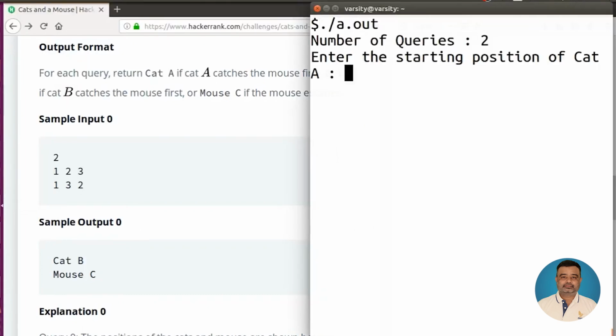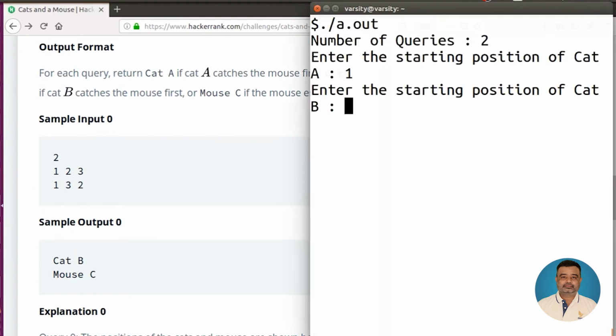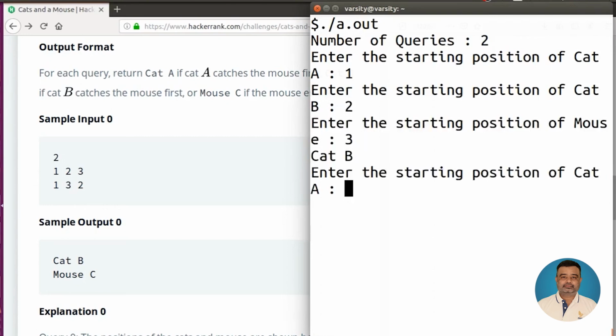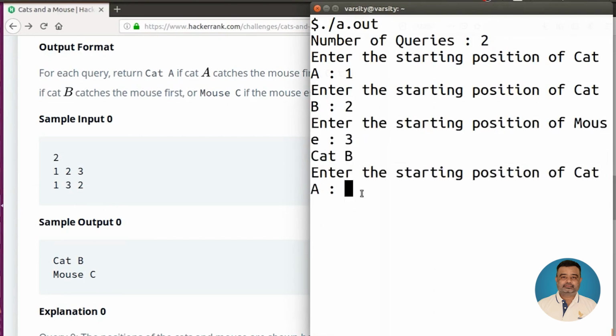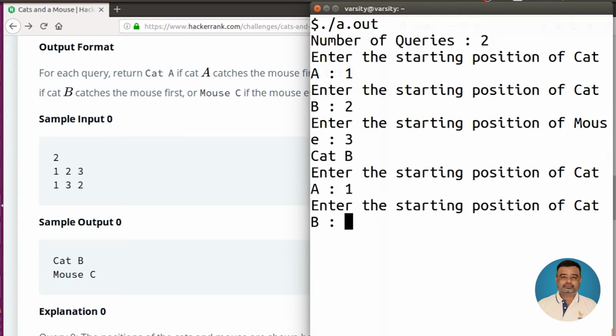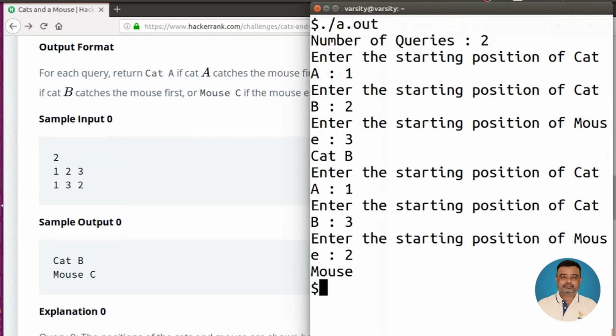Number of queries is 2. In the first case, positions are 1, 2, and 3. And see the output. What is the output? Cat B. Right? Then the second case is 1, 3, 2. It's mouse. It's working perfectly fine.